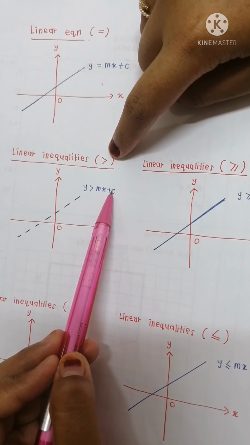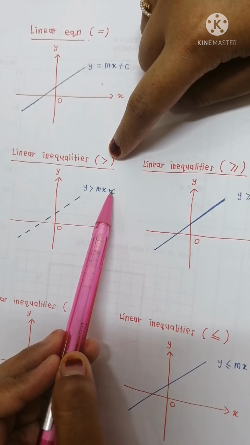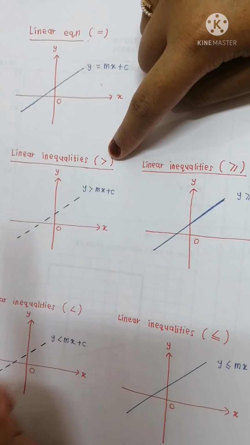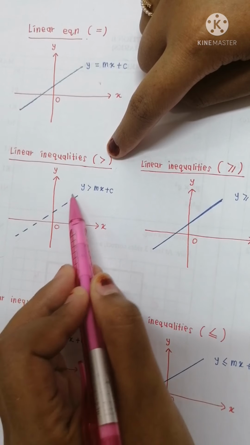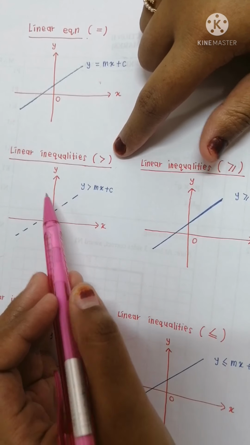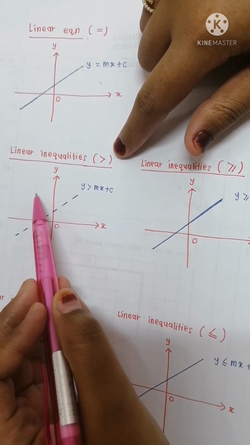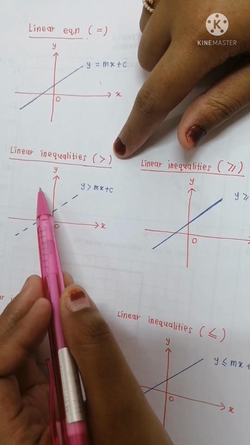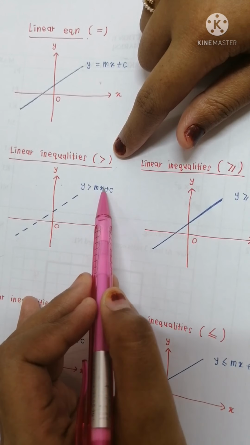If the linear inequality symbol is greater than, it means this is the region where all the points that lie above satisfy the linear inequality y greater than mx plus c.